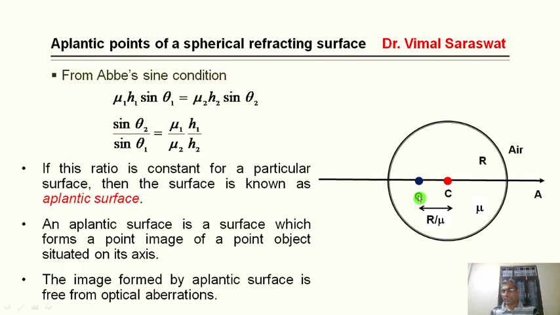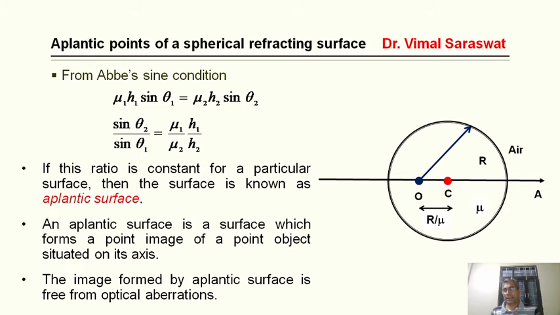Here we have the object, and a ray incident towards the center of curvature will move in the same direction without any deviation. So OC follows the path in the same direction without any deviation, and this will be refracted along CA.